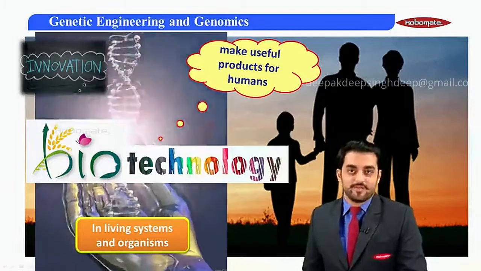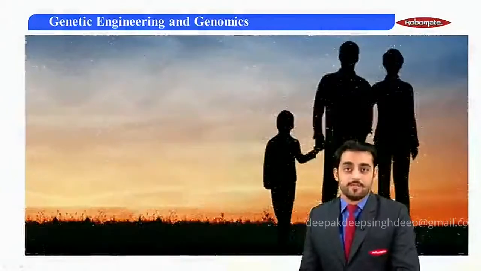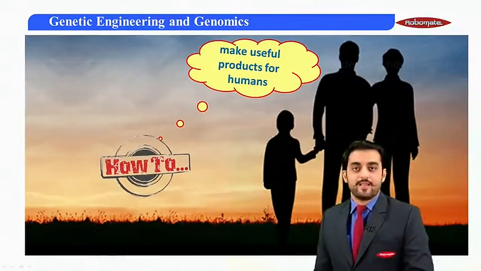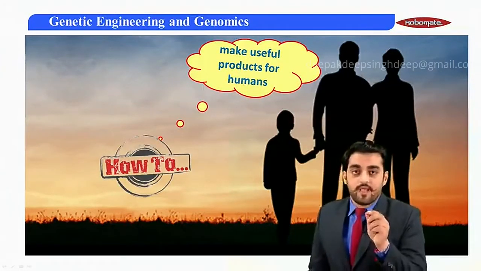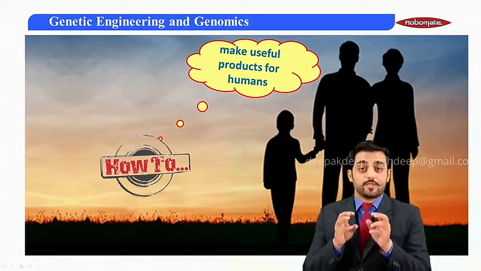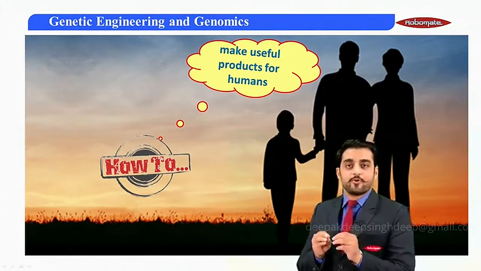Yes, my dear students. Now the question arises, how should I get this technology? How to get a useful product for humans? If I make changes in software or hardware, there is some kind of engineering I am trying to do.